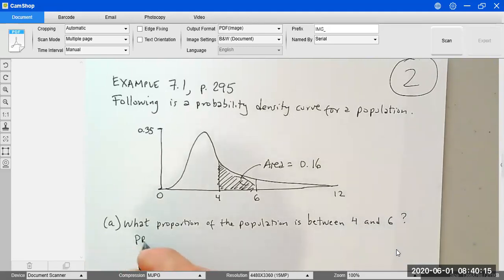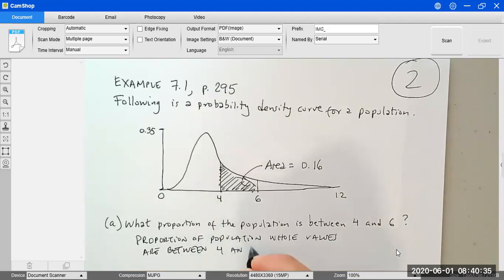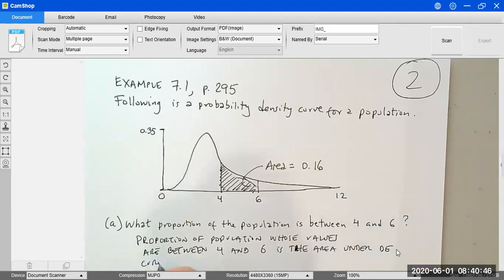So the proportion of the population whose values are between 4 and 6 is the area under the curve within that interval, or bounded by that interval.